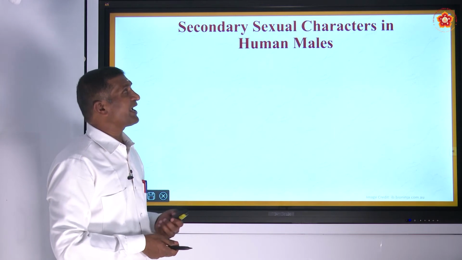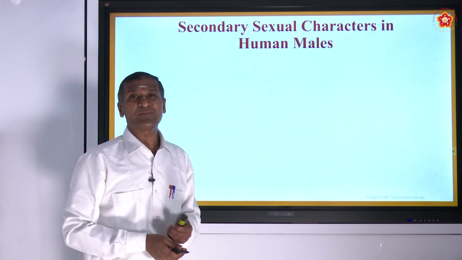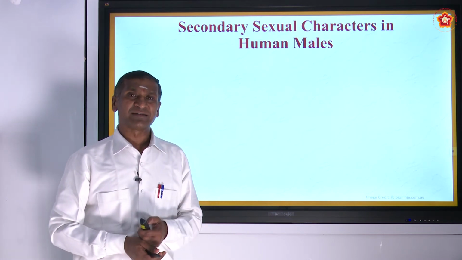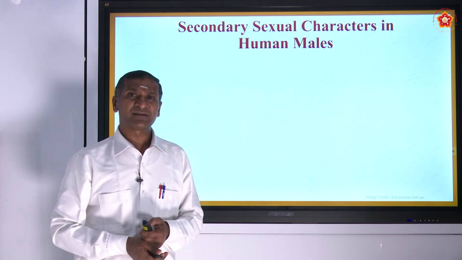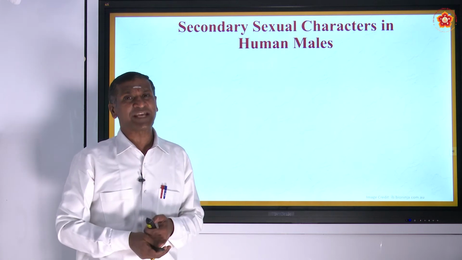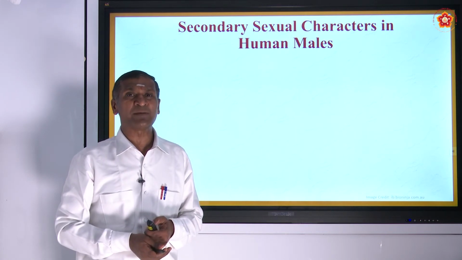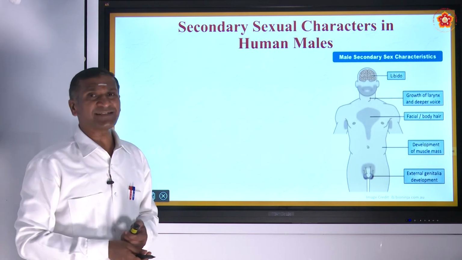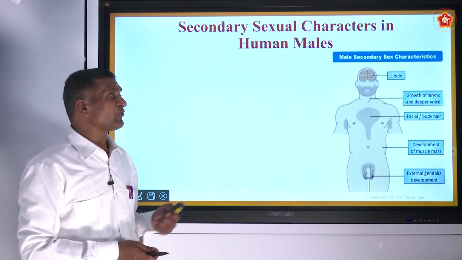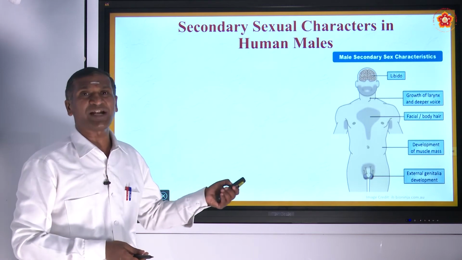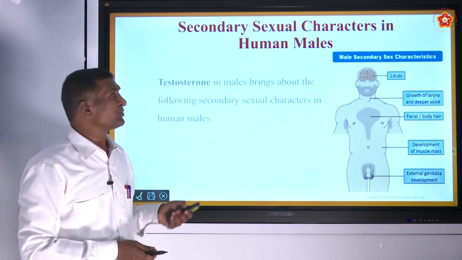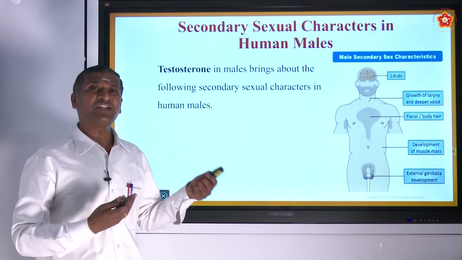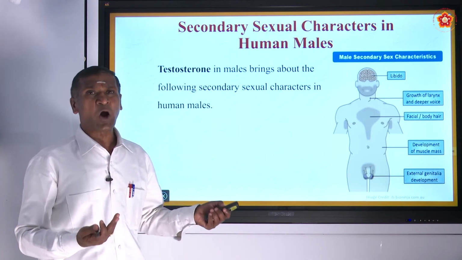Secondary sexual characters in human males. As puberty is reached, what are the changes which we can observe in human males? If you observe the pictorial diagram, you will come to know. It is nature's law.